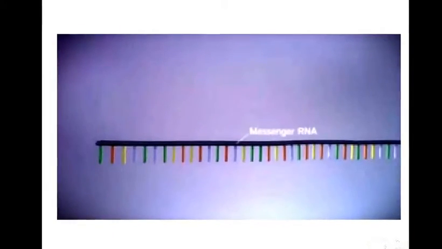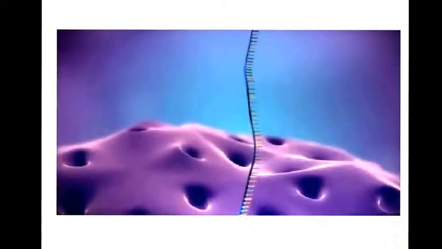Before the mRNA can be used as a template for the production of a protein, it needs to be processed. This involves removing and adding sections of RNA, and the mRNA then moves out of the nucleus into the cytoplasm. Protein factories in the cytoplasm called the ribosomes will bind onto the mRNA.